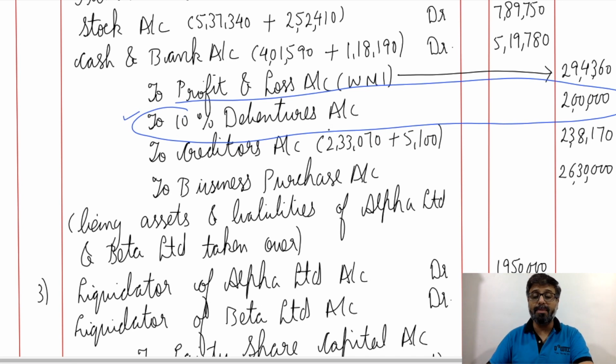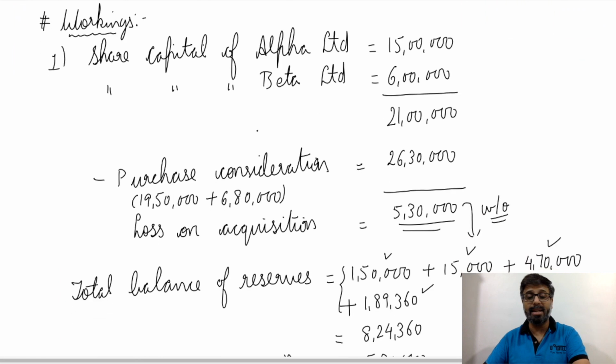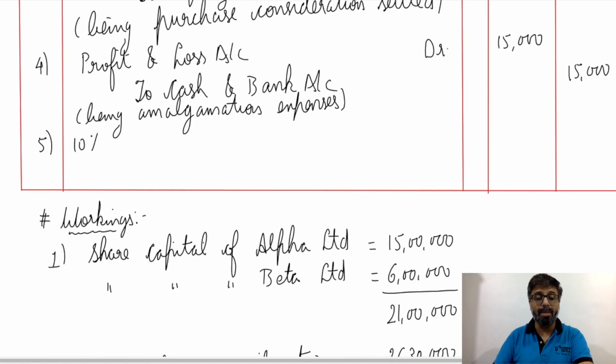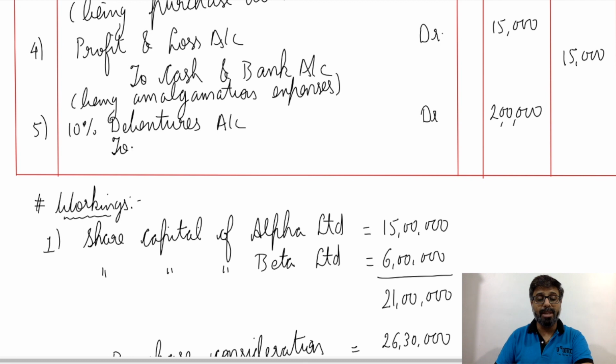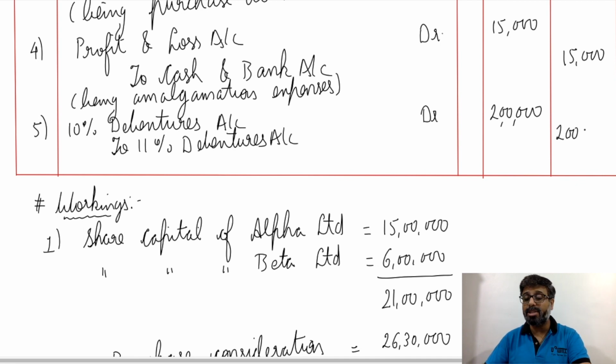So this 10% debentures account of 2 lakh rupees you will close and debit. Write down 10% debentures account debit 2 lakhs, and against that in the new company we are giving 11% debentures. So simply to 11% debentures account, and we are giving debentures of the same value. So 11% debentures 2 lakhs.